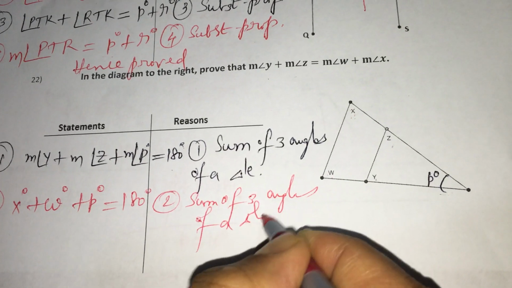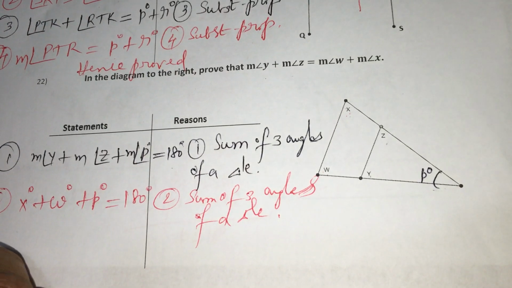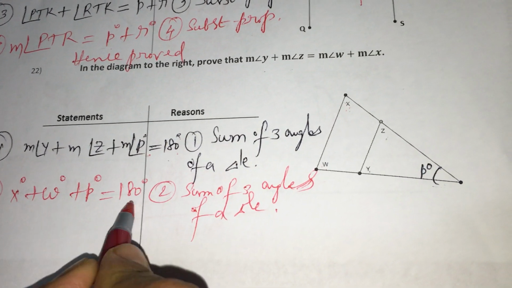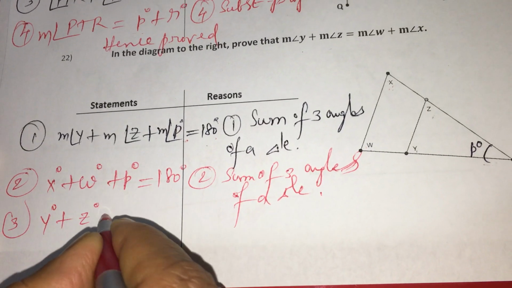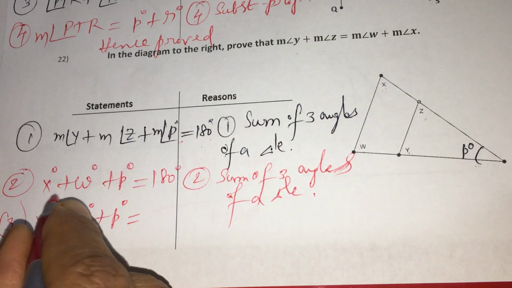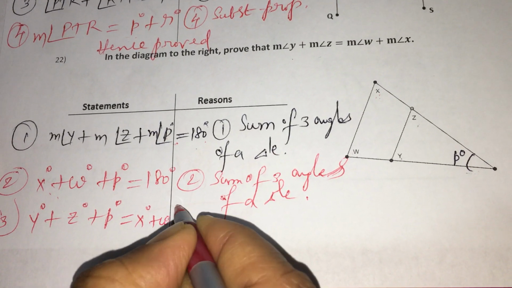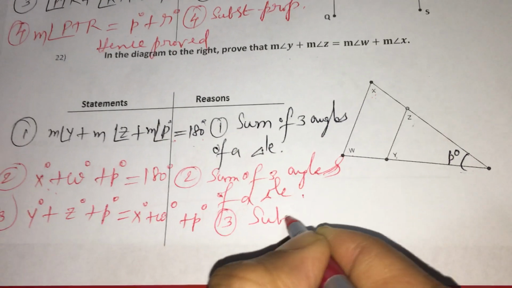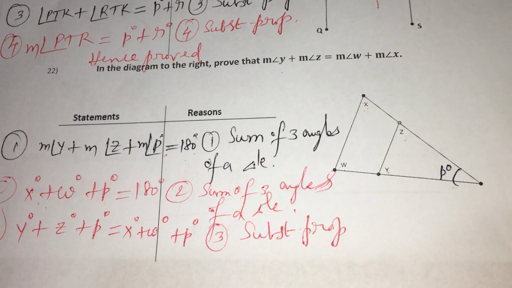That's why I am writing 180. Now I can say these three equal 180, and these three is 180. That means y degrees plus z degrees plus p degrees is exactly equal to x degrees plus w degrees plus p degrees. The reason is the substitution property.